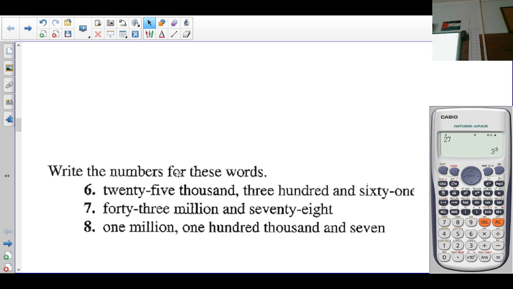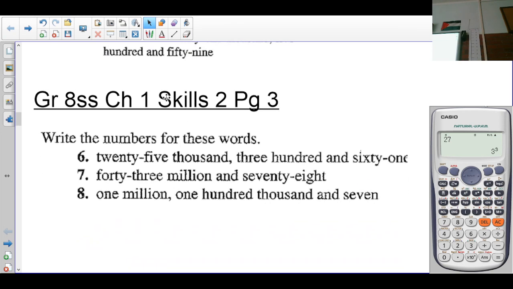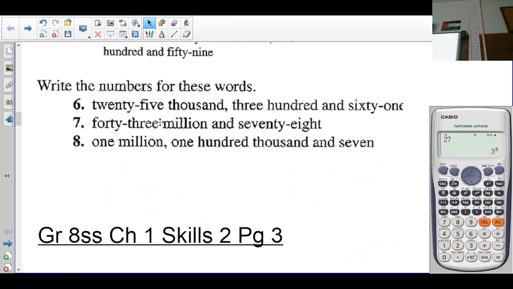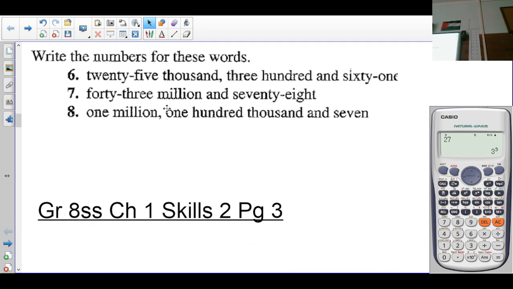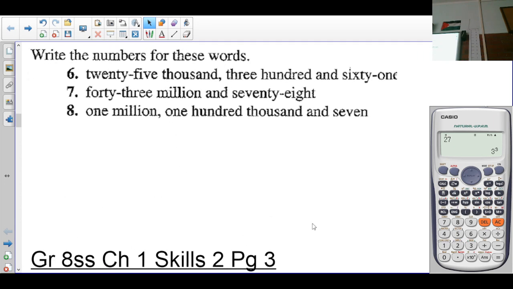Then they ask you to write the numbers for these words. Sorry, why am I always reading it? So number 6 would be 25,000. So what do I write? 25,000. Then 361.